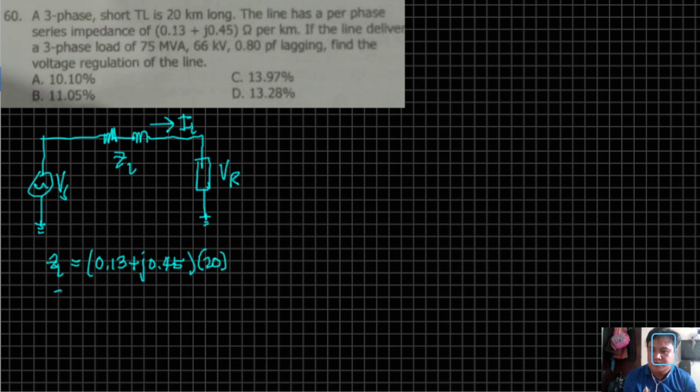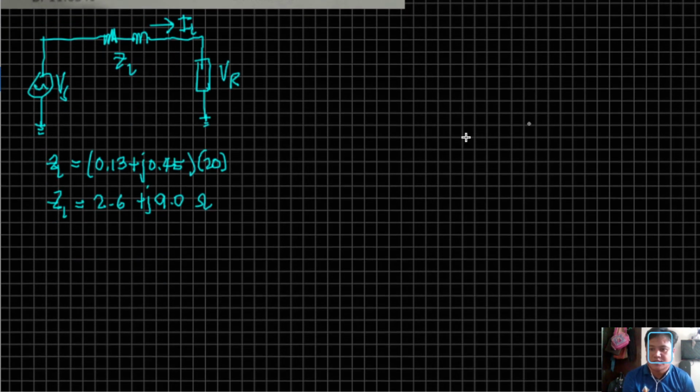Okay, so meron tayong ZL equivalent to 2.6 plus J 9.0. This is ohms.